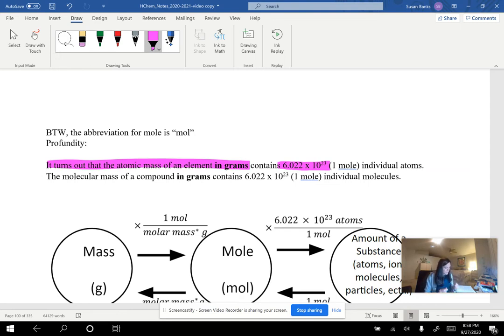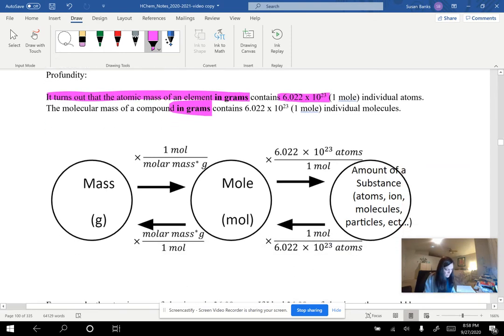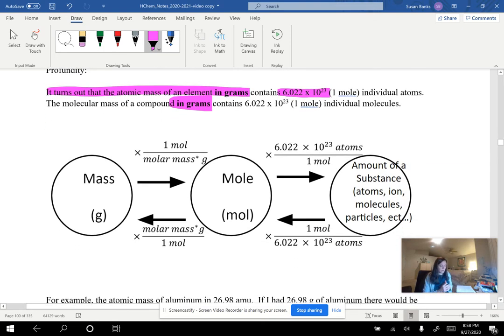The molecular mass of a compound in grams contains 6.022 times 10 to the 23, or 1 mole of those molecules. So here's the way we can use our dimensional analysis.